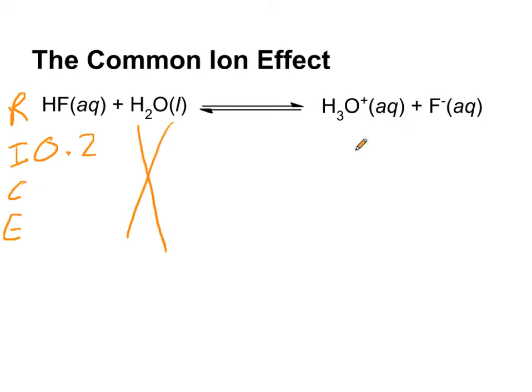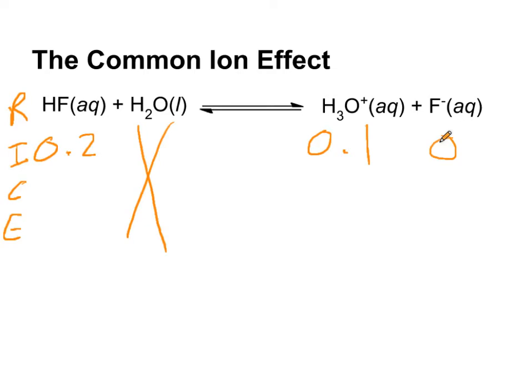But they told us that this solution was made with 0.1 molar hydrochloric acid. Well, remember, hydrochloric acid dissociates completely into a hydrogen ion and chloride, and that hydrogen ion immediately forms a hydronium. So we've actually got some initial hydronium ion from that hydrochloric acid. It's 0.1, and we can plug our 0 in right here.